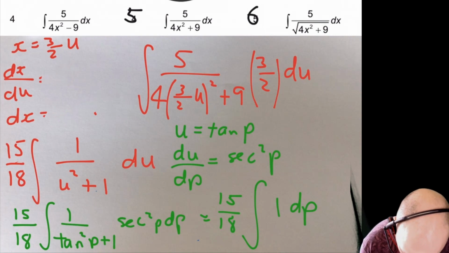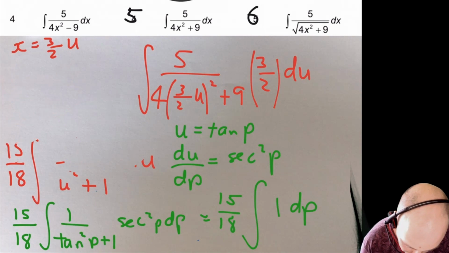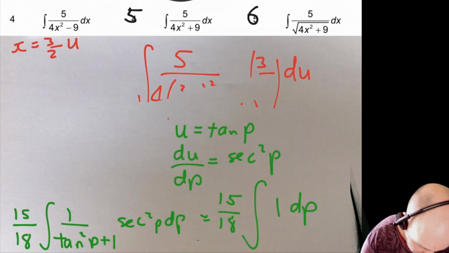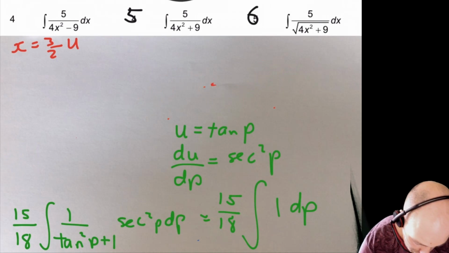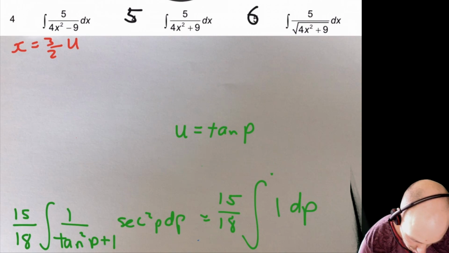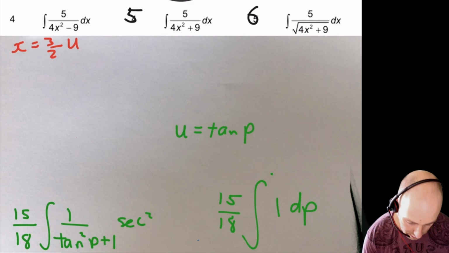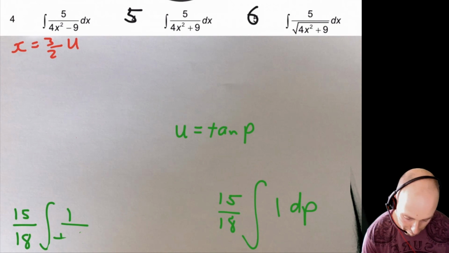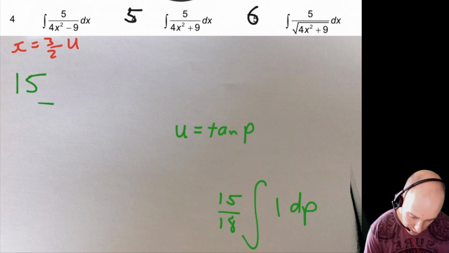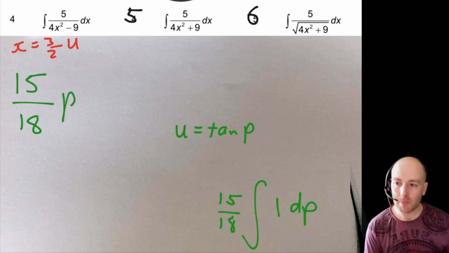Cool. Okay, definitely running out of space. I'm going to get rid of everything apart from my substitutions. So my x substitution there in red, I'm going to leave my u substitution there in green. So we've got the integral of 15 over 18 times 1. So the integral of 1, in this case, is going to turn to p. So we've got 15 18ths of p.